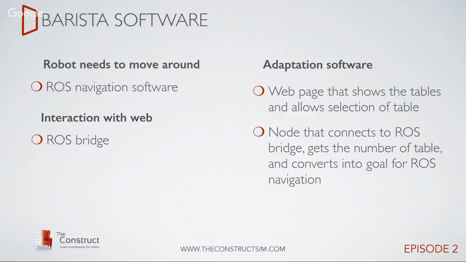The adaptation software that we built was first the web page that shows the tables and allows the person to indicate which table the robot has to go to, and then a small node that connects to ROS. It uses the ROS bridge, gets the number of the table from the web page, and converts it to a goal for ROS navigation. That's basically how our adaptation software works.